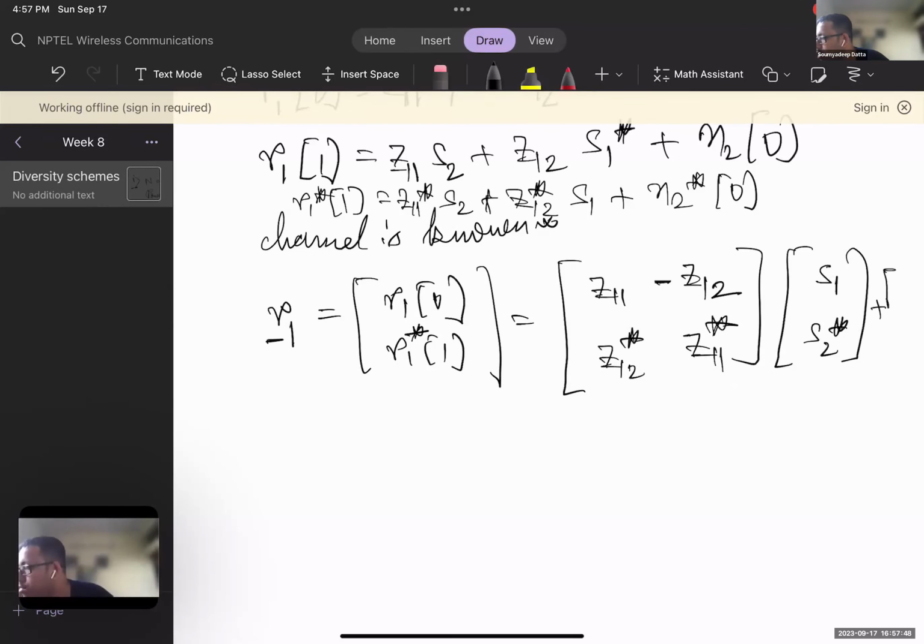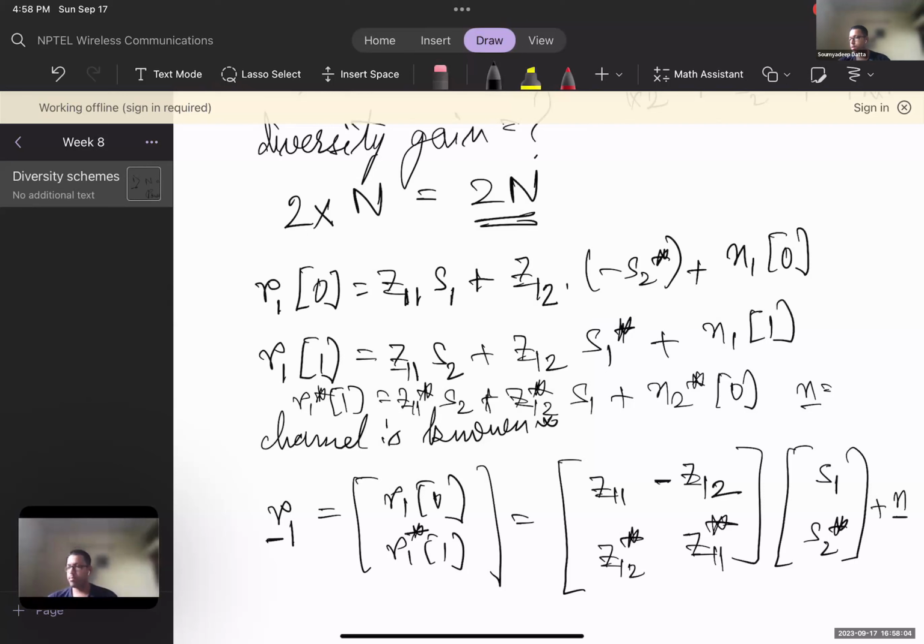The N vector is nothing but adding these two: N1 of 0, and the noise at antenna 1 at timestamp 1. This is just the same equations written in vector notation.